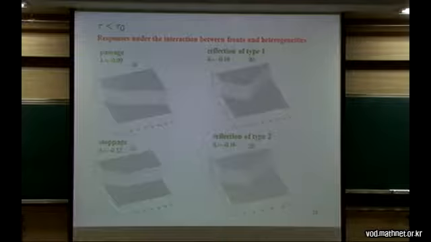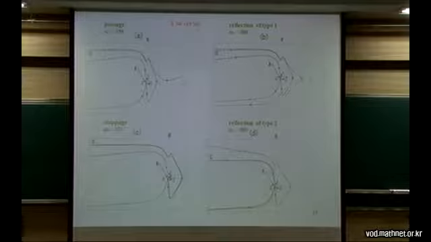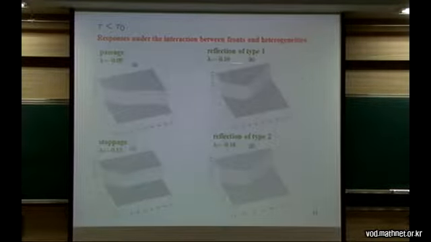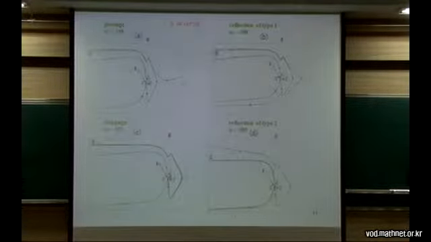So here's the same picture I showed before. At that time we used this parameter lambda. So now we use the scaling from lambda to alpha. Then this lambda changes to this alpha.